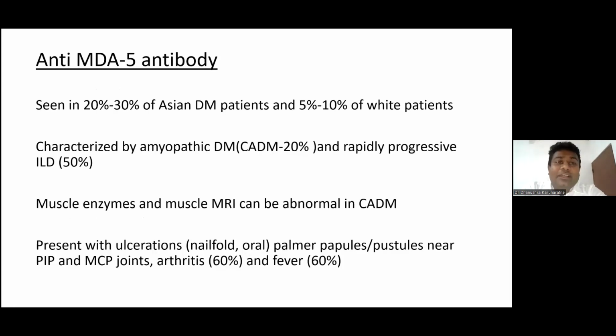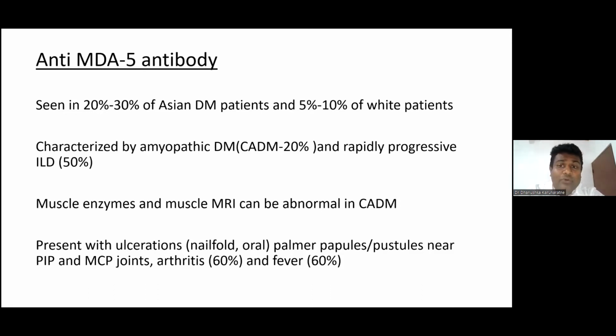And then the characteristic antibody associated with amyopathic dermatomyositis, where the skin manifestations become the predominant clinical feature and myositis is either mild or absent, is the MDA5 antibody, which is commonly seen among Asians compared to whites.